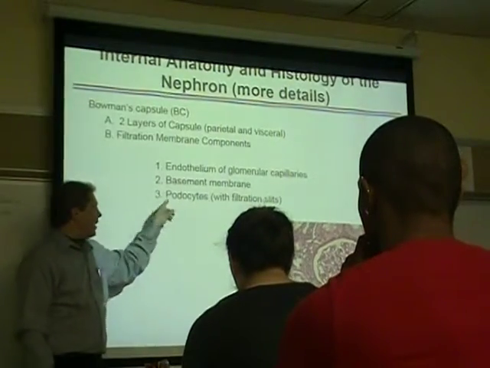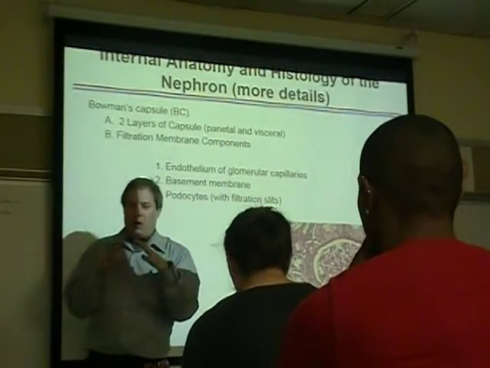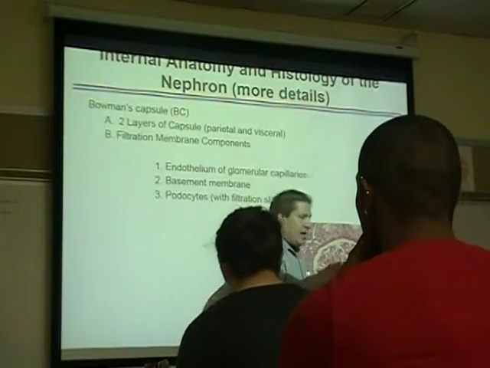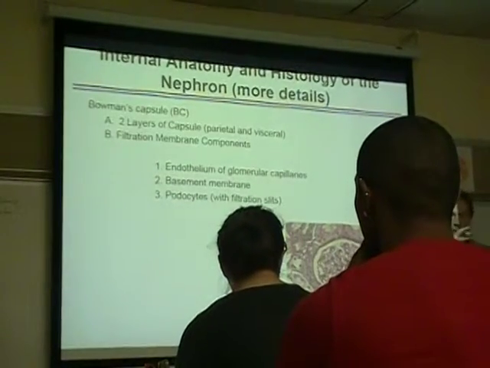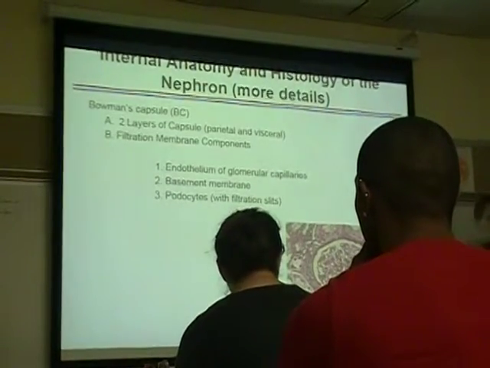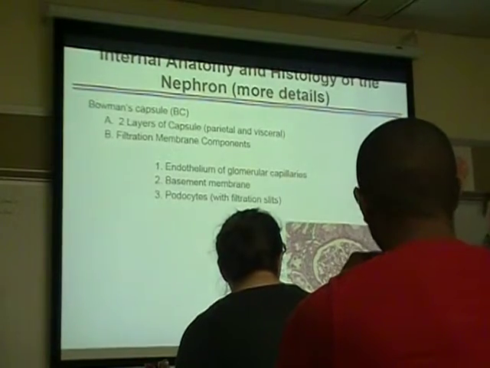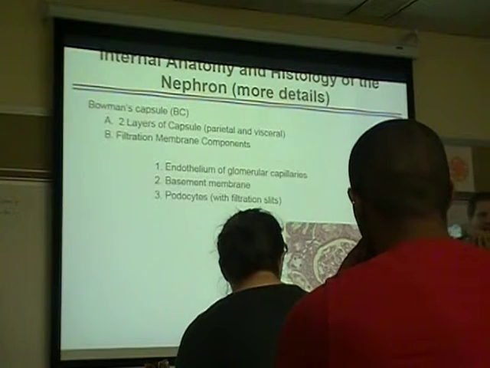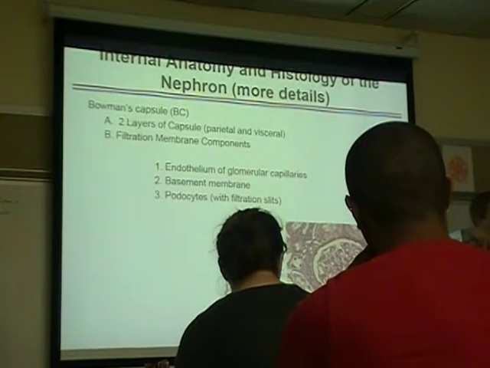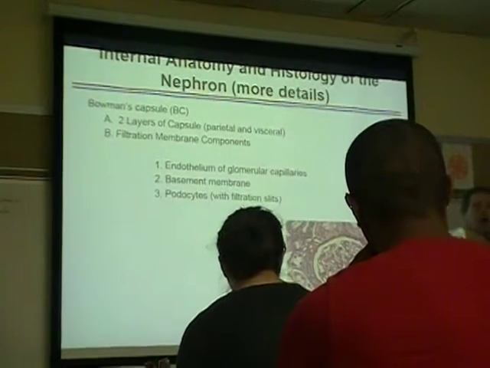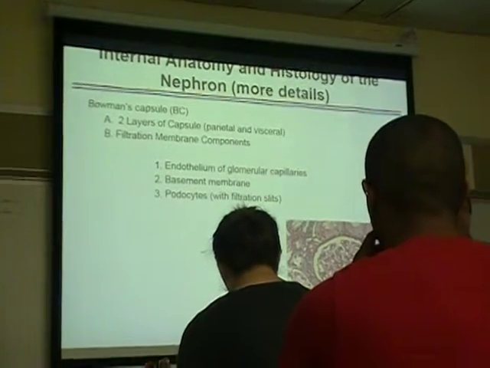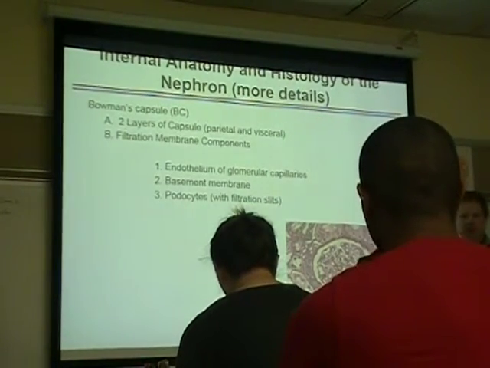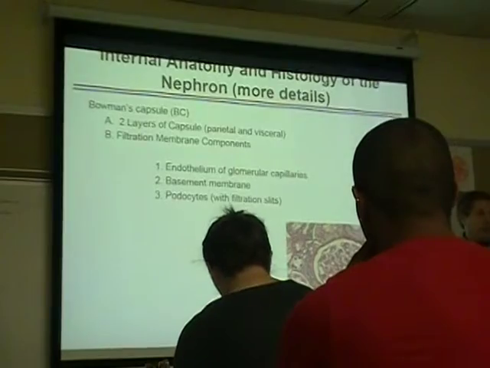Now we have specialized cells that are unique in that they have little feet on them. So we've got a capillary like this, and now we have specialized cells that wrap around the capillary like this, with little feet on them. They're called podocytes. Podo refers to foot. Podocytes. Cells with feet on them, right?